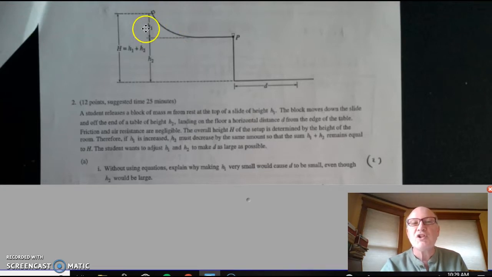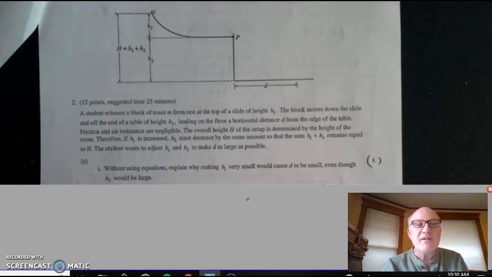The change in the potential energy of the block from its release point to its launch point would be very small. Small change in potential energy would mean also that the gain in kinetic energy would be small, and so the velocity would be pretty low coming off at this point. So even though it might fall a long way, it doesn't have much velocity in the horizontal direction to stretch this value of D out, okay? And obviously in the limit as H1 becomes 0, there'd be no movement at all.